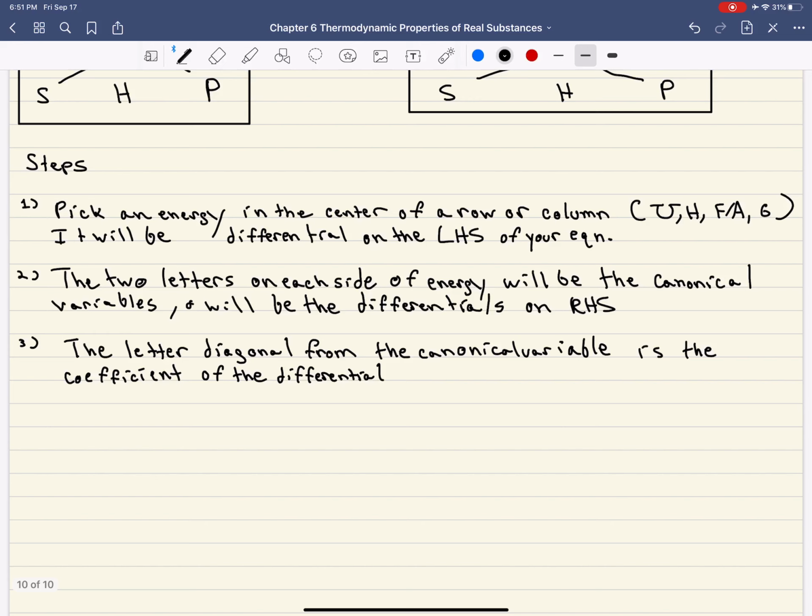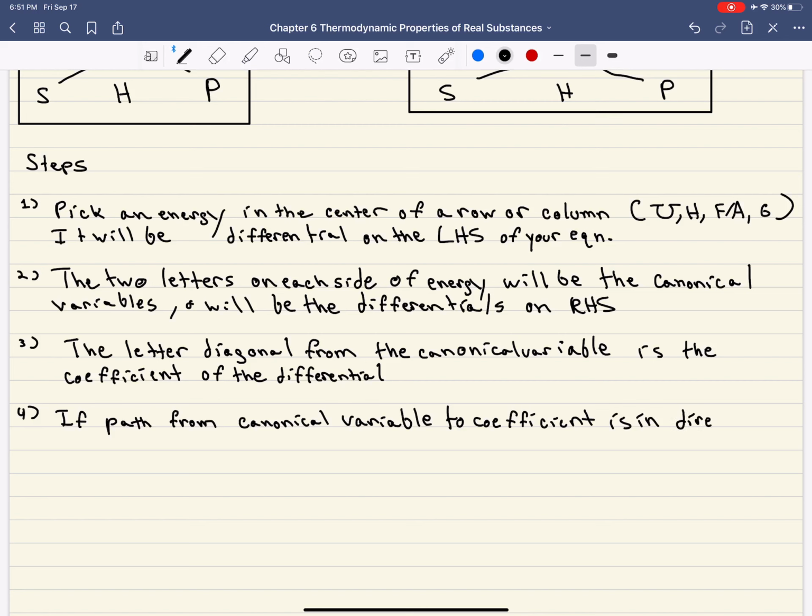All right, and then step 4 has to do with that arrow. If the path from canonical variable to coefficient is in the direction of the arrow, so if you go from tail to head of the arrow, then the sign of the coefficient is positive.